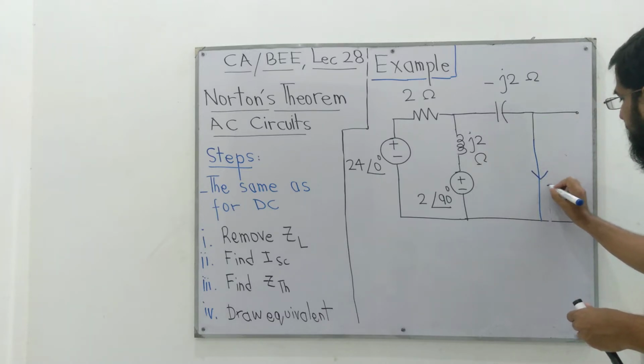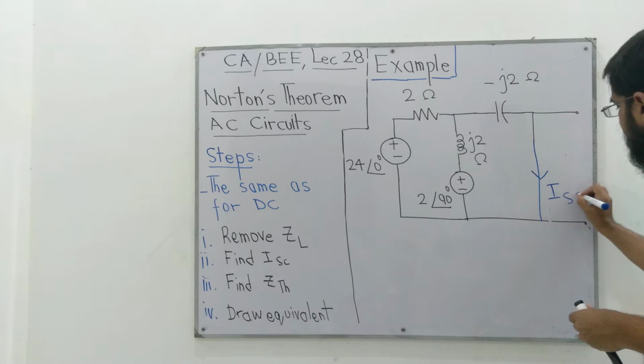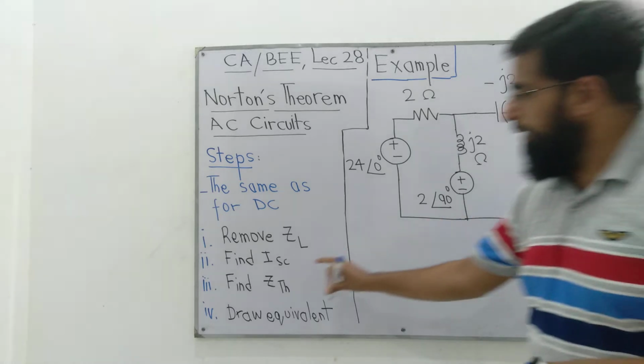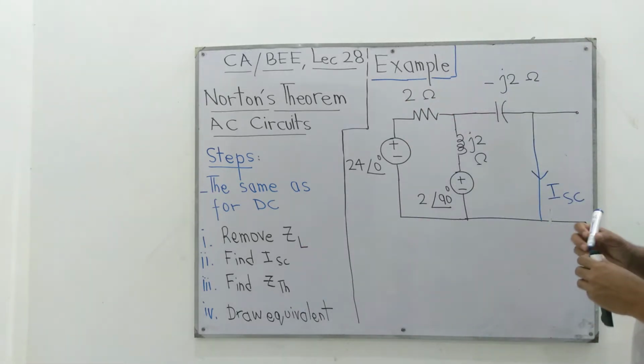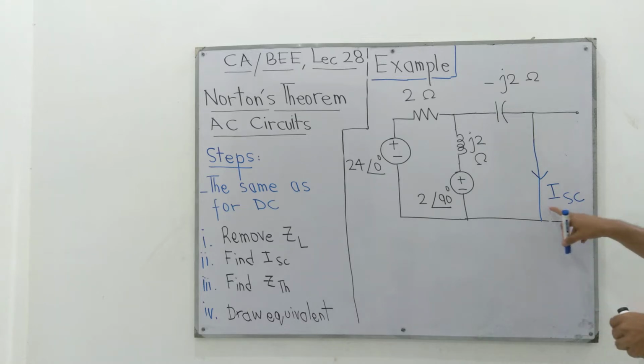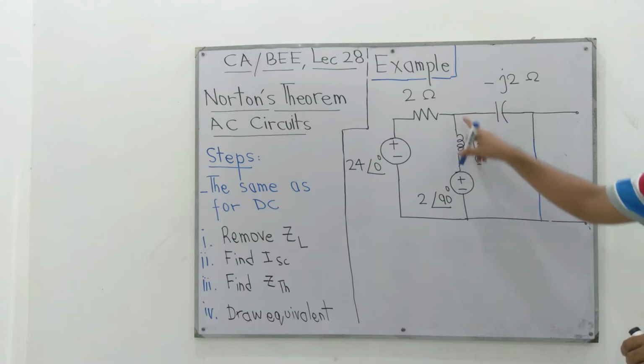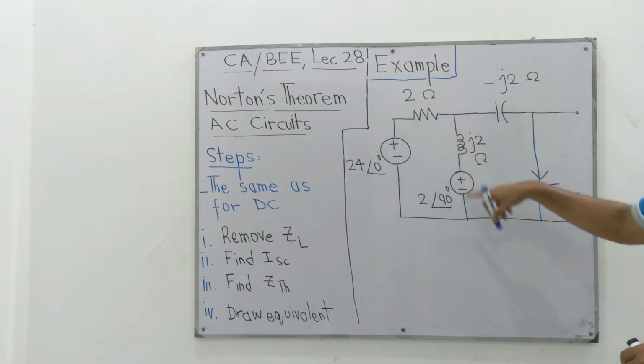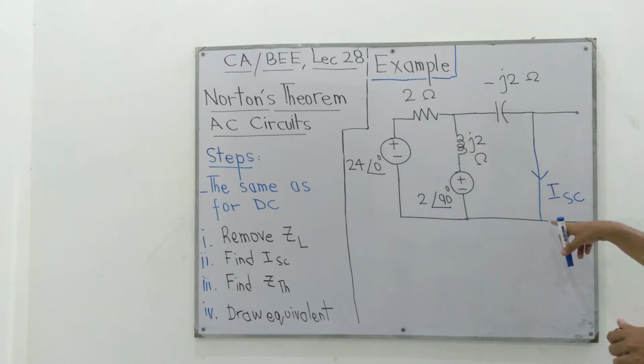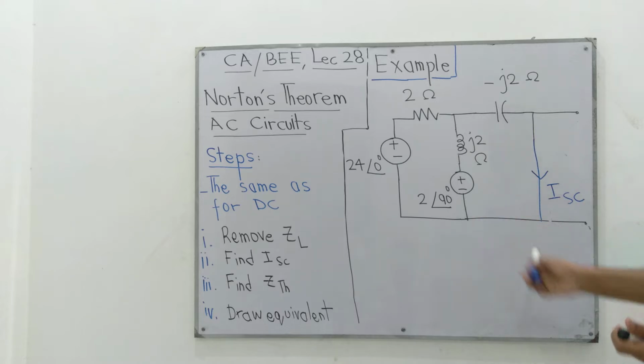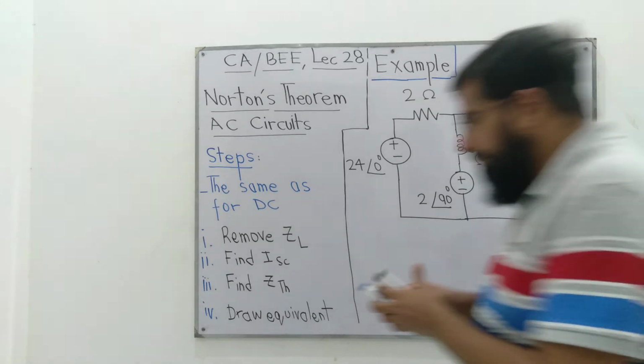We'll find the current through this short circuit as step number 2. To find this ISC short circuit current, we can either apply nodal analysis, where we have to write one equation, or we can apply loop analysis.